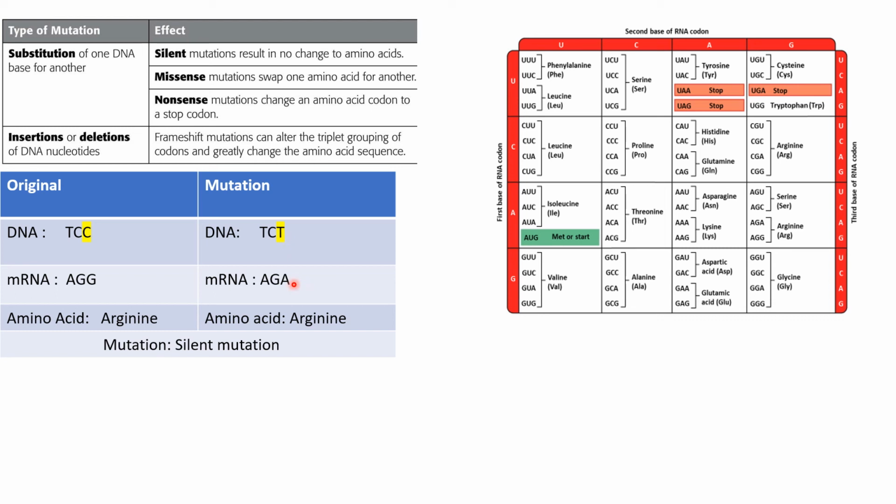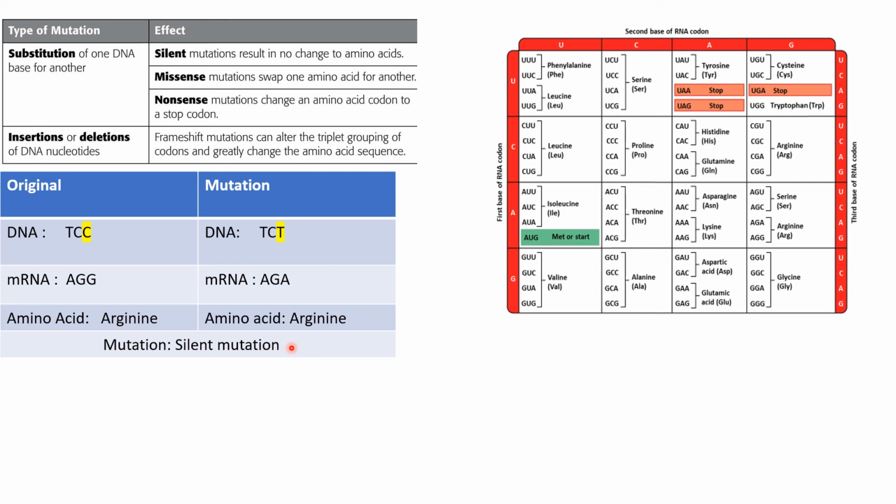The messenger RNA that was built was AGA. If you look, you would find that AGA is also going to result in the same amino acid, meaning that this is a silent type of mutation because your amino acid never got changed.